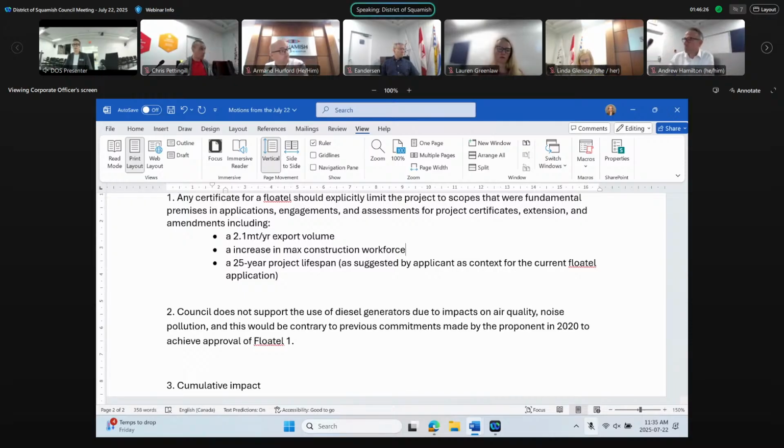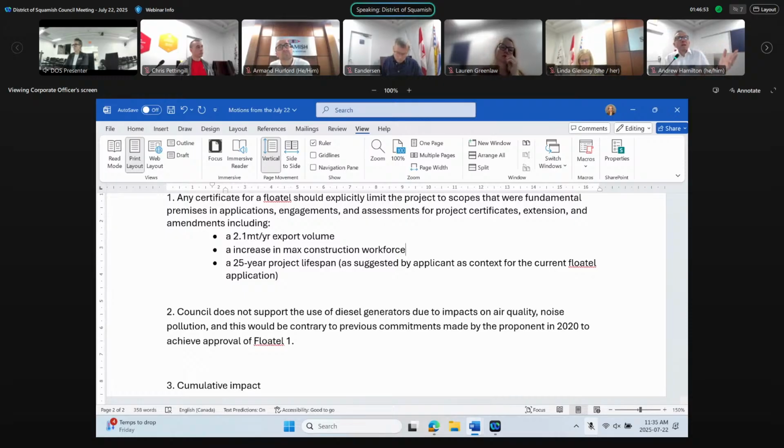Yep, that's Councillor Hamilton. Yeah, just some perspective on this bullet. On the 2.1 megatons per year export volume, I don't think this is an effective mechanism for us to constrain the export volume of this facility.